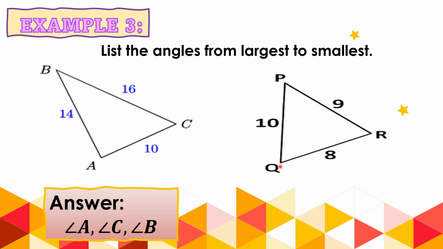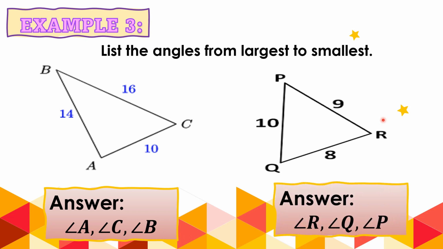Let's proceed to triangle QPR. In triangle QPR, side QP measures 10, side PR measures 9, and side QR measures 8. So, list the angles from largest to smallest. The answer will be angle R is the largest angle, opposite of the longest side, which is side PQ.